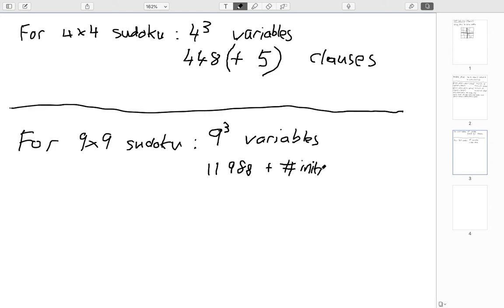So we have this many clauses. That's quite a large number.